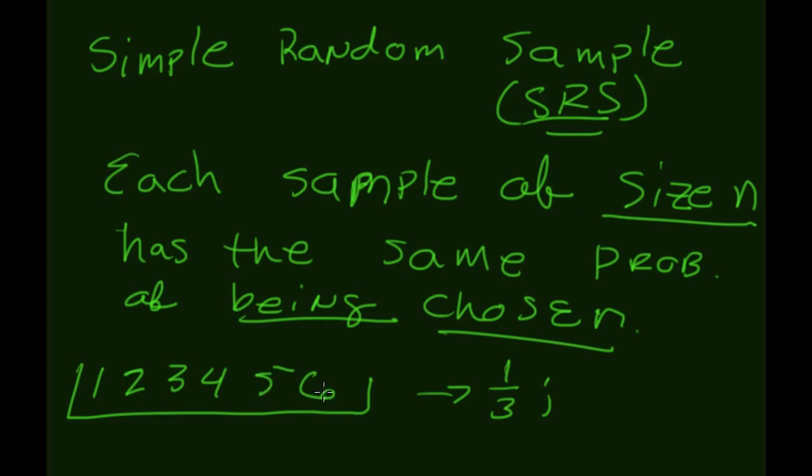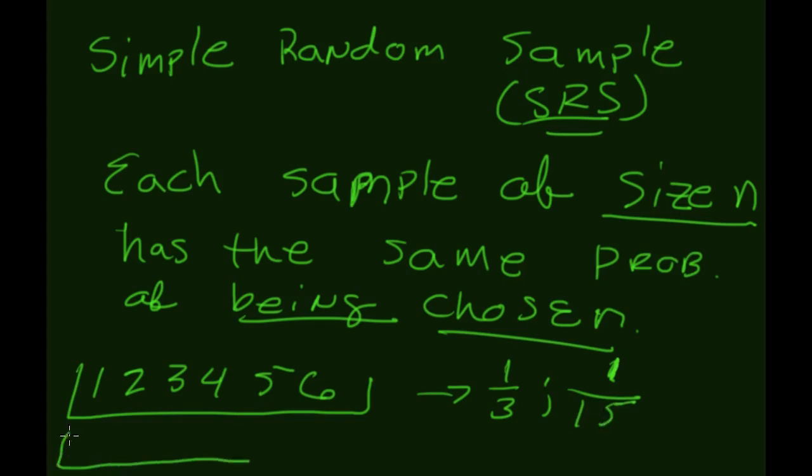And 5 with 1. So that's 5 plus 4 is 9, plus 3 is 12, plus 2 is 14, plus 1 is 15. So there are 15 different ways that you could pick a pair out of this. Well, each of those 15 pairs has one chance of being chosen, so each pair of 2 has a 1 in 15 chance of being chosen.